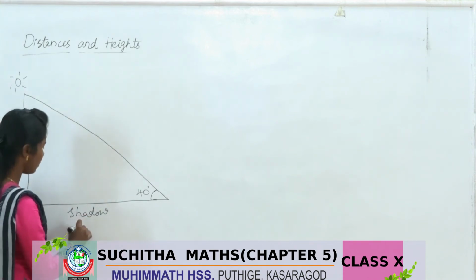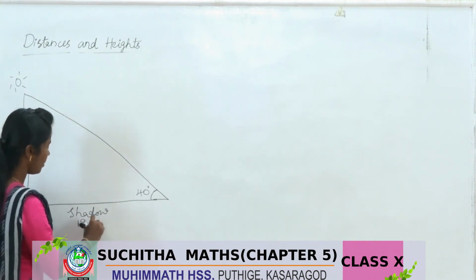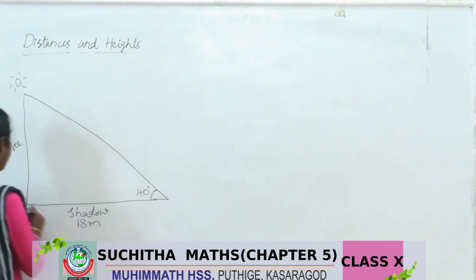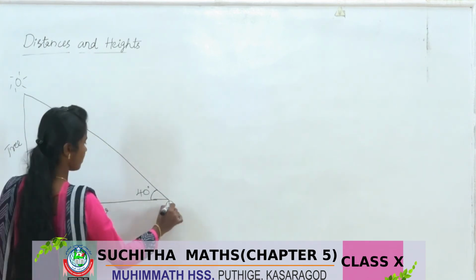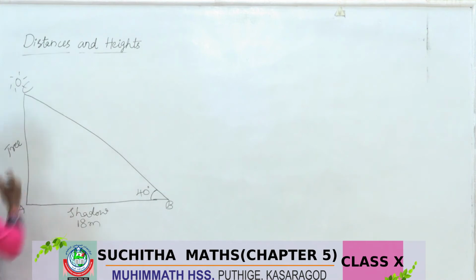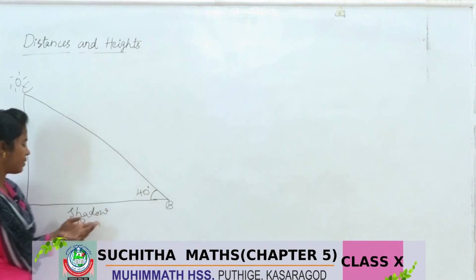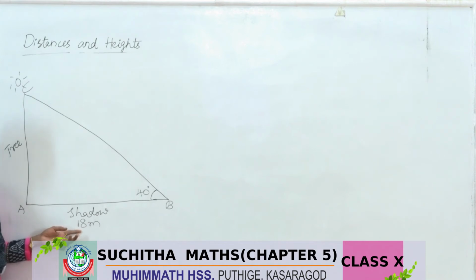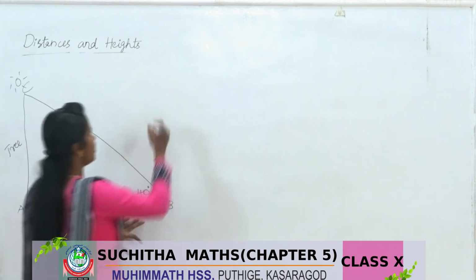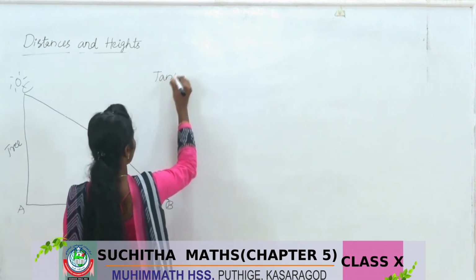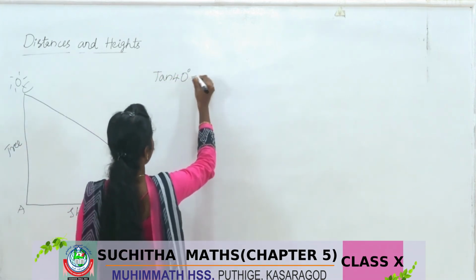That is, the length of the shadow is 18 meter. Here this angle is 40 degree. The adjacent side of 40 degree is 18 meter and the opposite side of 40 degree is not given. So we have to calculate the opposite side of 40 degree. Okay. That is using tan 40. Tan 40 is equal to opposite side divided by adjacent side.